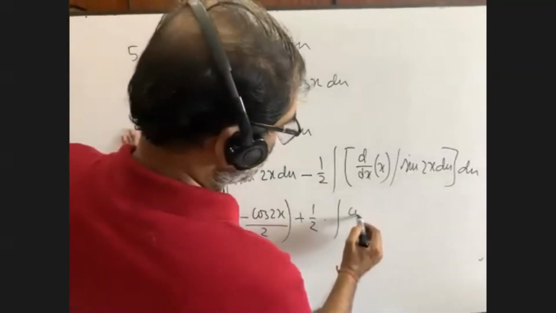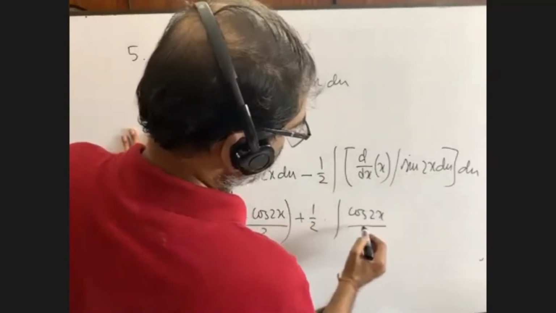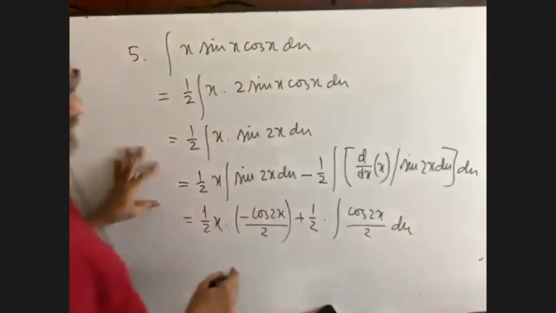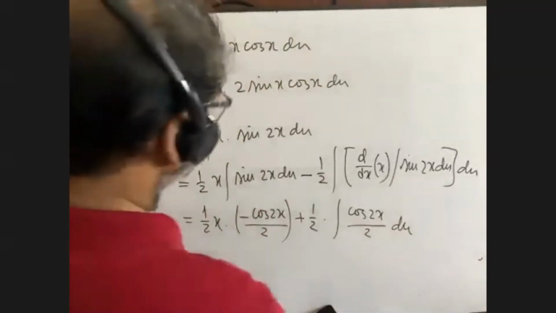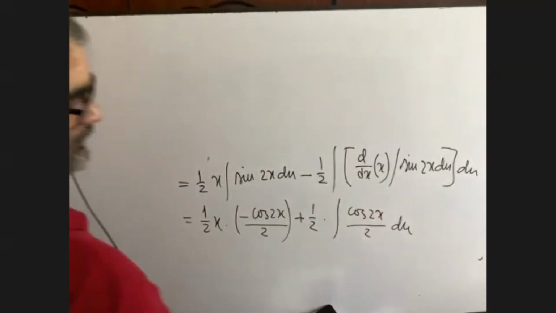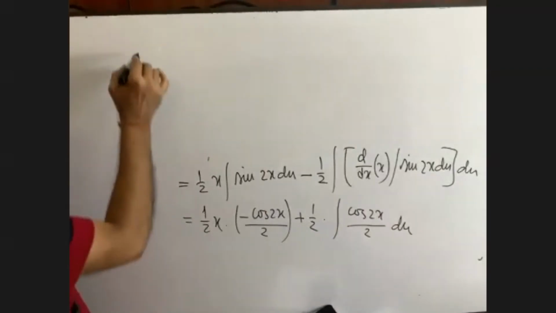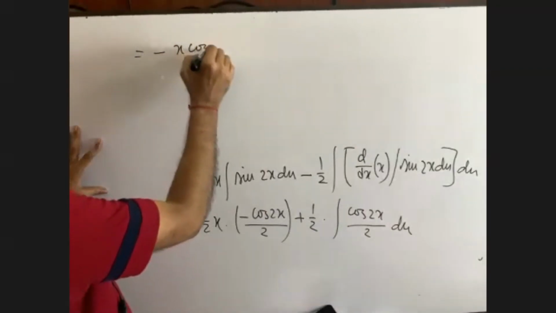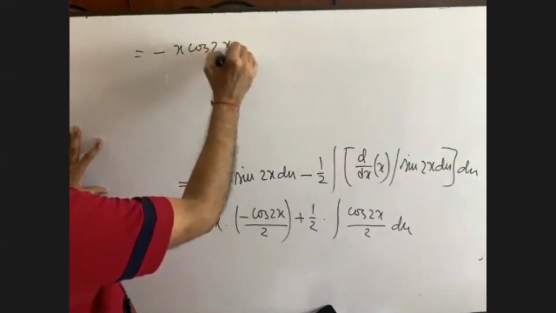So it is here cosine 2x by 2 dx. That means we are getting here minus x cosine 2x by 4.